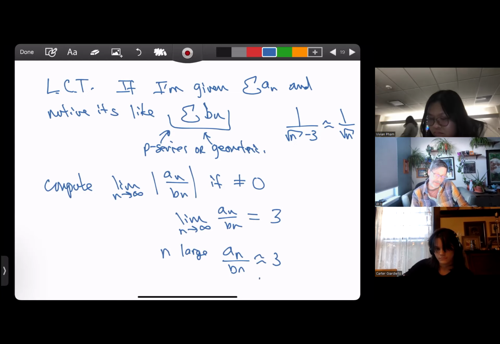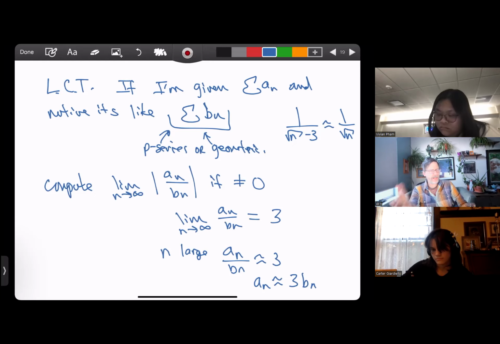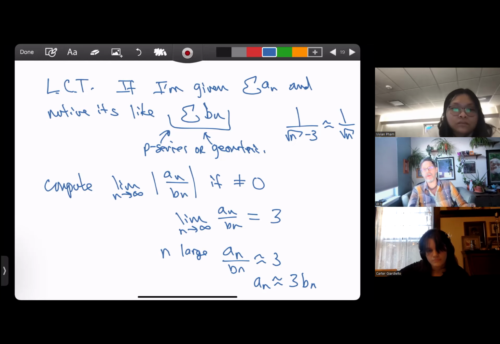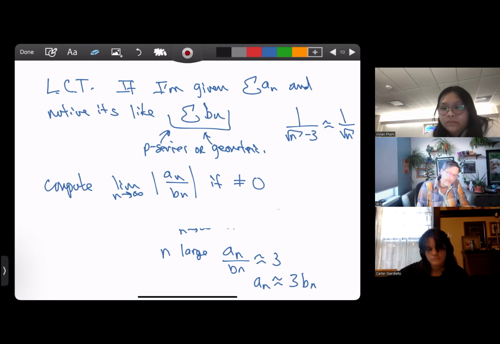But what does that mean? That means that a sub n is approximately 3 times b sub n. So when n is big, the terms in this one series are just constant multiples of the other. And so if the one adds up to a finite thing, then the other one's going to add up to a finite thing, like 3 times it. So that's the idea in this test.